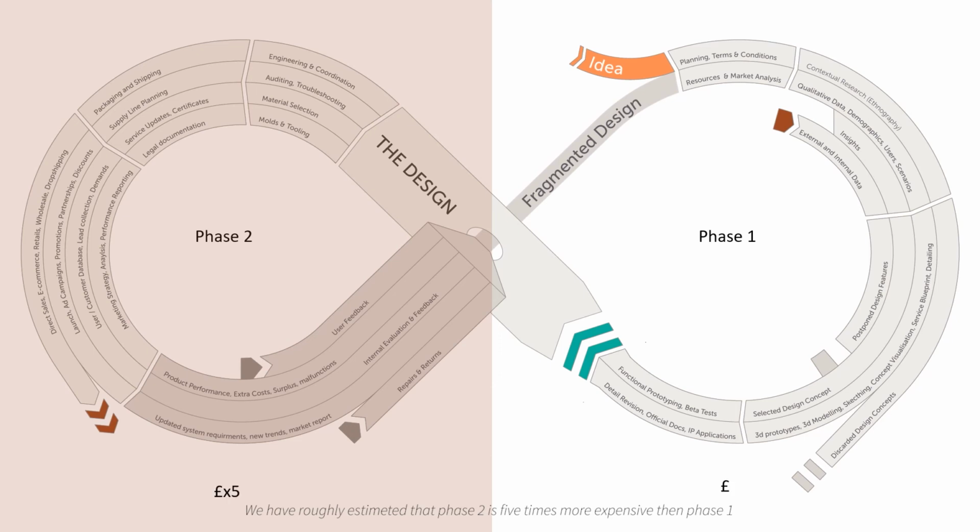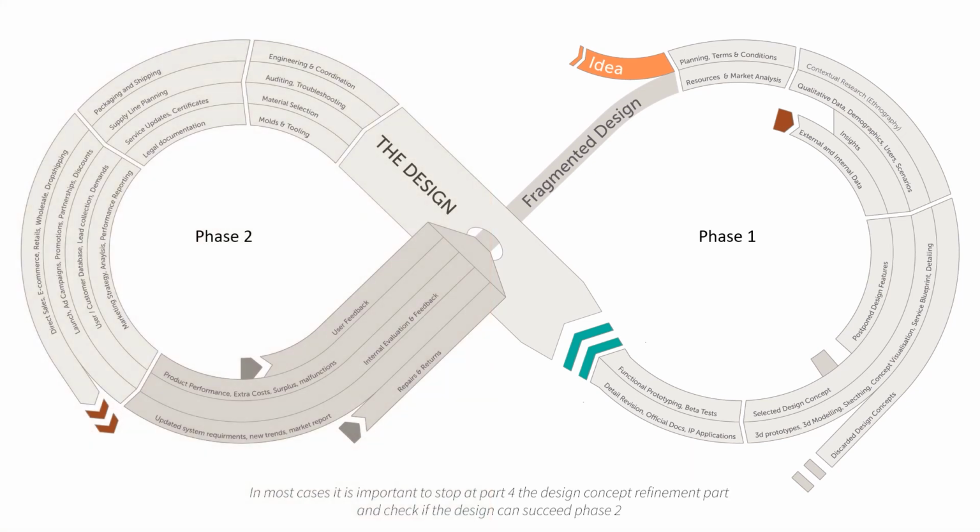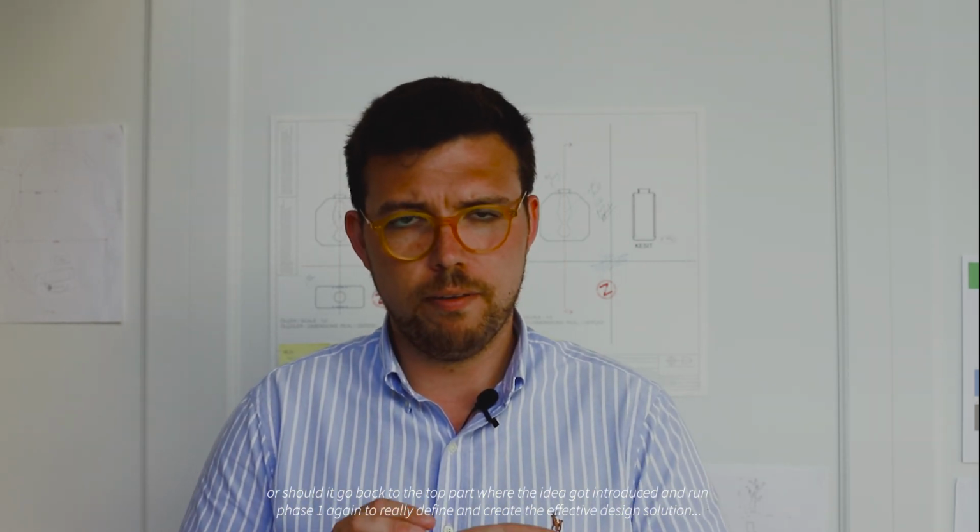So in most cases, it's important to stop at concept refinement, the 4th part, and check if the design can succeed in phase 2, or should it go back to the top part where the idea got introduced, and run phase 1 again to really create an effective design solution for it to cross the bridge to phase 2.